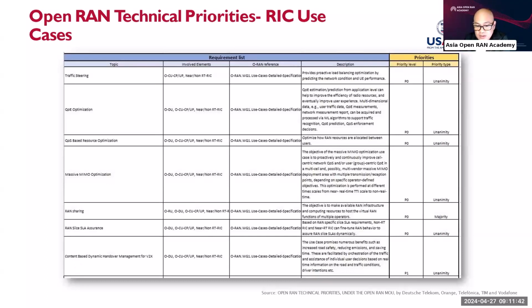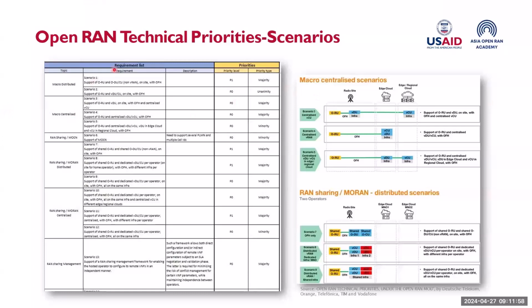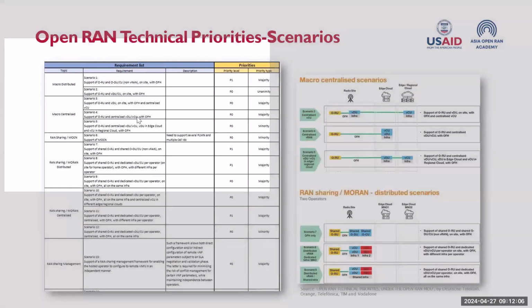That's why they did not vote it to become a priority 0. Now, if we look at the different technical priorities in terms of implementation, there is a different implementation for macro and for RAN sharing. Okay. For macro distributed, they have 2 scenarios. So let me just highlight this now.